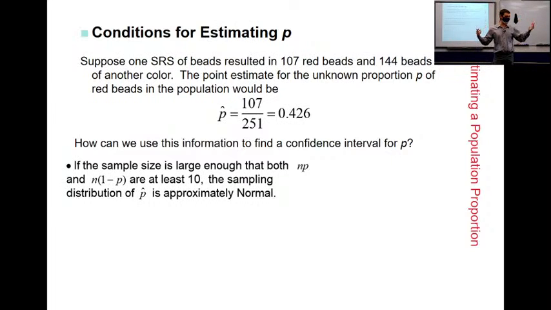So that's what we're trying to estimate. So we're going to use the sample proportion, p hat, as our estimator. And here, our n times p hat and n times 1 minus p hat are the number of successes and number of failures. How many times were they red? How many times were they not red?